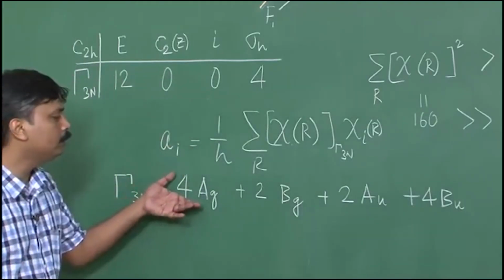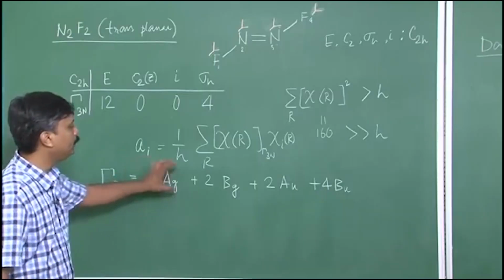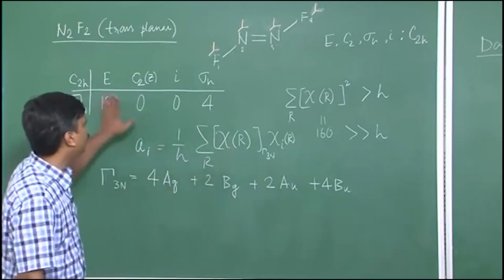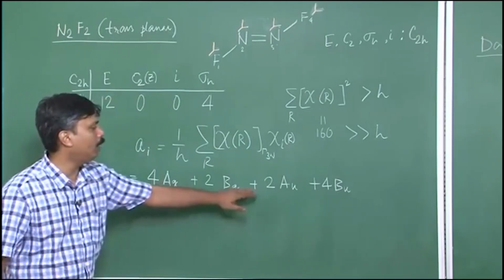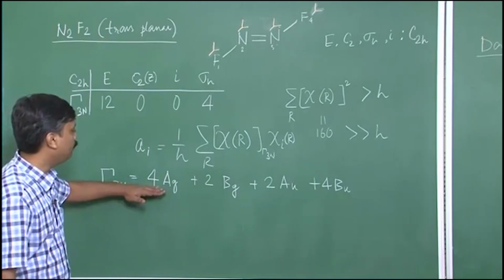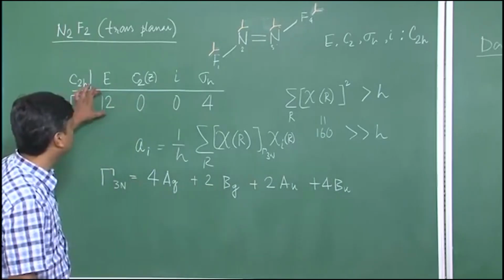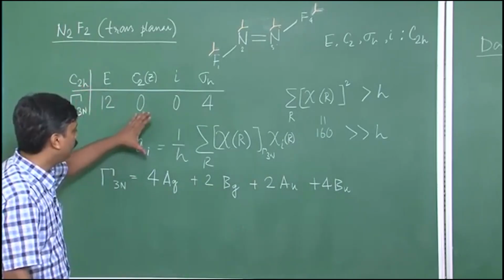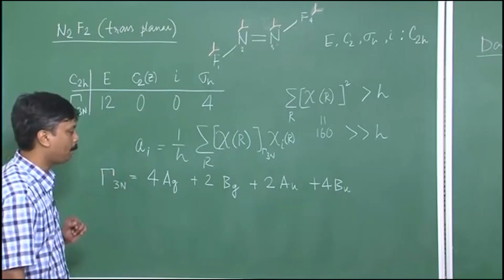If I check whether this is correct, all the dimensions will match up to the dimension of this particular representation. All of them are one-dimensional representations, and I have a total of 12 as my dimension, which is the same as this. So my reduction of this representation is correct.